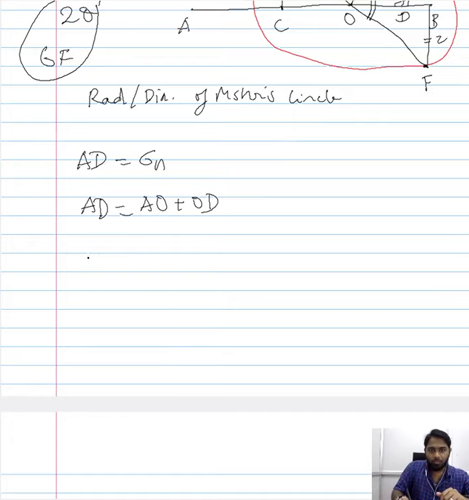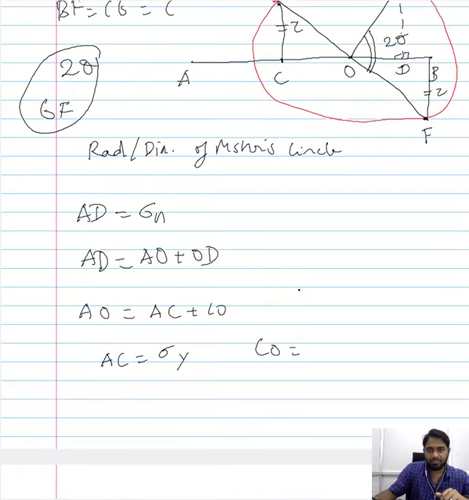Now AO is AC plus CO, and AC we have already seen as sigma y, and CO is nothing but half of BC, because this is what the radius of the previous Mohr circle was.